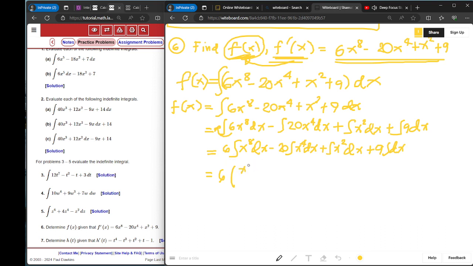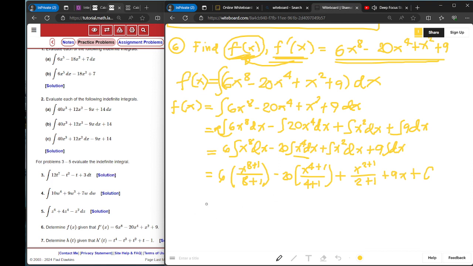So this is x to the 8 plus 1 over 8 plus 1, minus 20 times the integral of this is x to the 4 plus 1 over 4 plus 1, plus x to the 2 plus 1 over 2 plus 1, plus 9x. And we should not forget to write c.